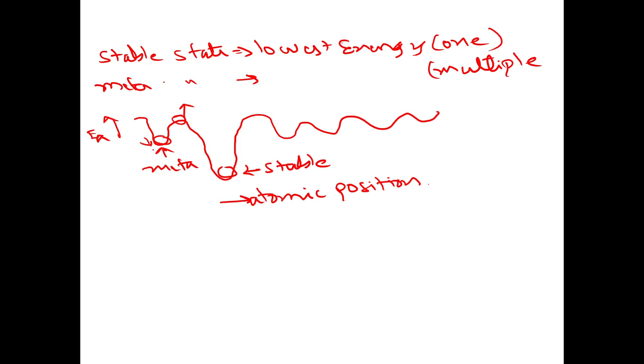But out of these metastable states, one energy state will be the lowest energy level, and that is called the stable state. This is how we differentiate the metastable state from the stable state.